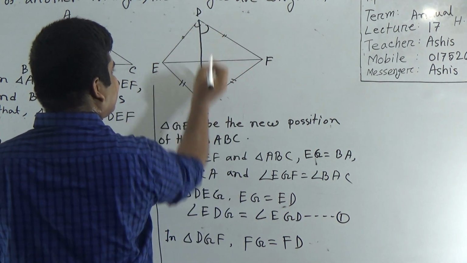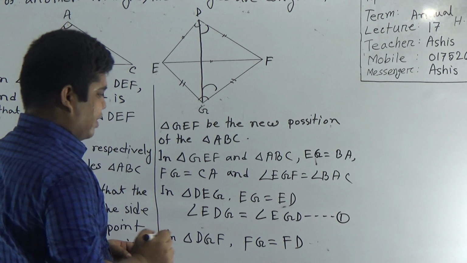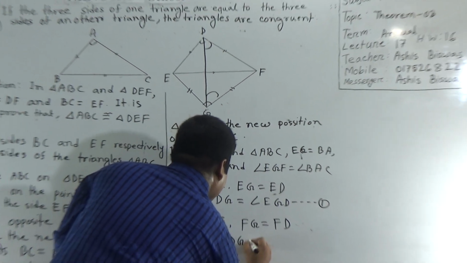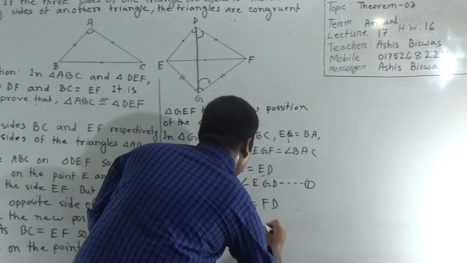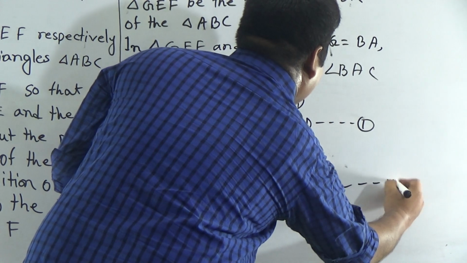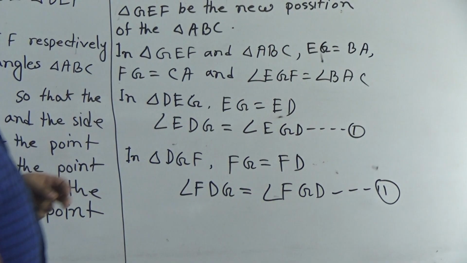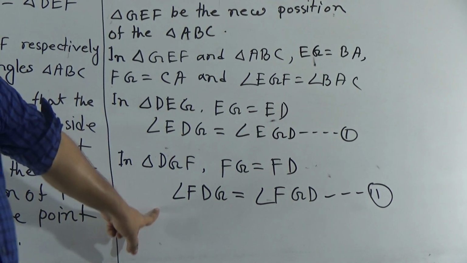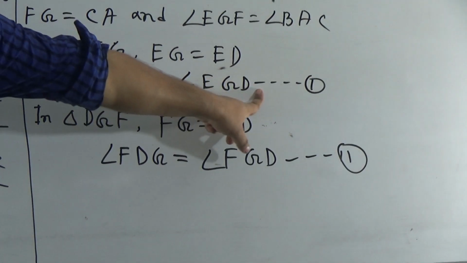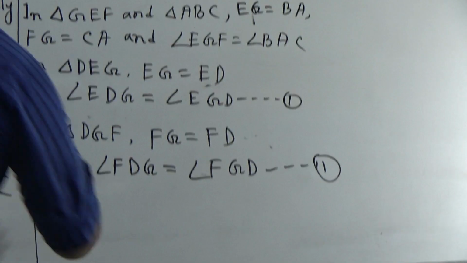That means this angle and this angle are equal. Now write FDG angle equal to FGD angle. This is equation number 2. Now we add these two equations. That means equation number 1 and equation number 2.